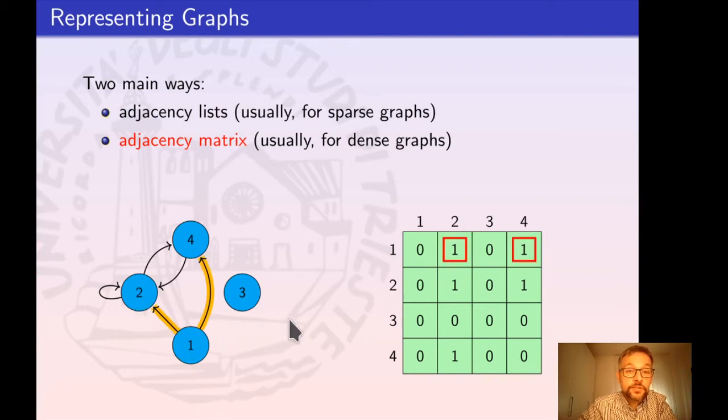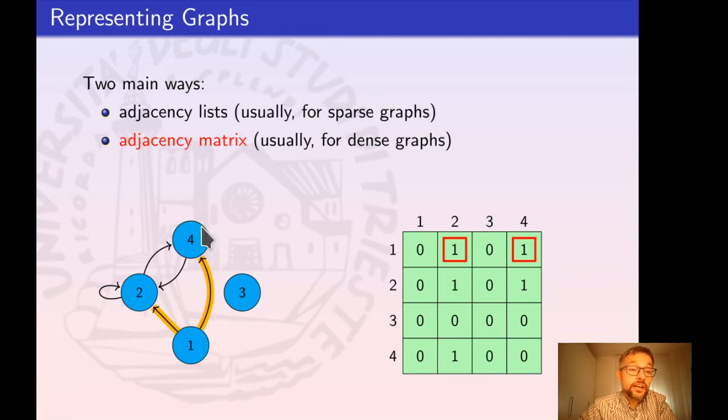This means we have an edge moving from 1 going to 2, and this is the case. Okay, so let's see. Here, for instance, in row number 1, we are representing the list of adjacency for node number 1, of course, and here we have 2 non-null elements which correspond to columns number 2 and number 4.